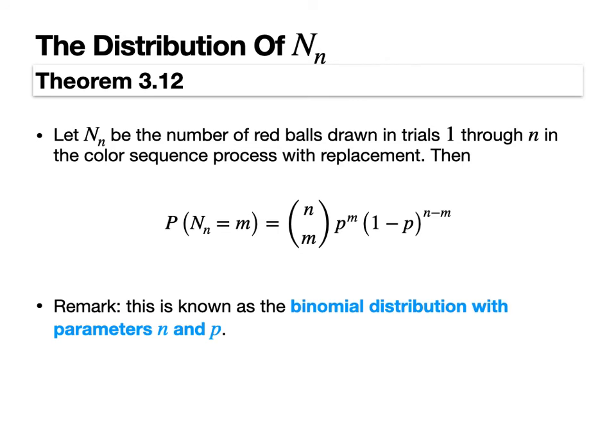The probability mass function for the number of successes, the number of red balls in the first n trials, is: the probability that the number of successes equals m is equal to n choose m times p to the m times (1 minus p) raised to the n minus m. And that function is known as the binomial distribution with parameters n and p.